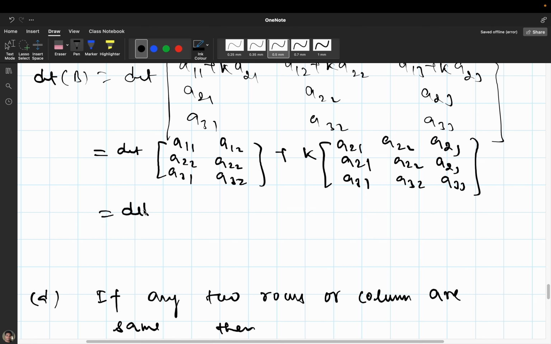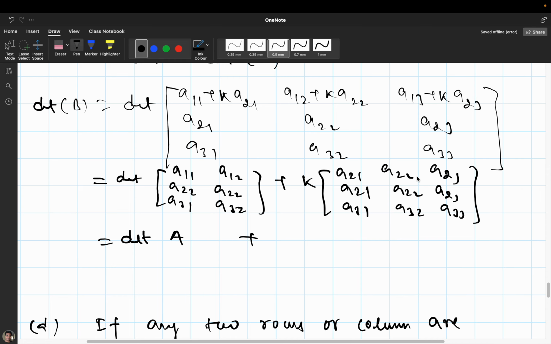So this is the determinant of A, right? And this is what?